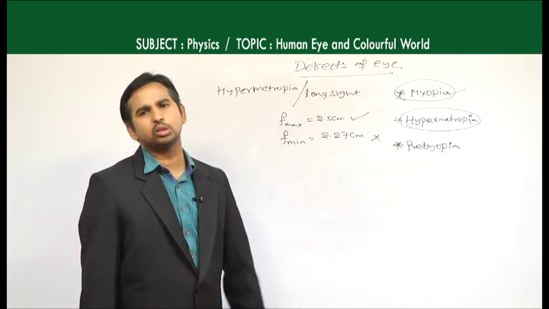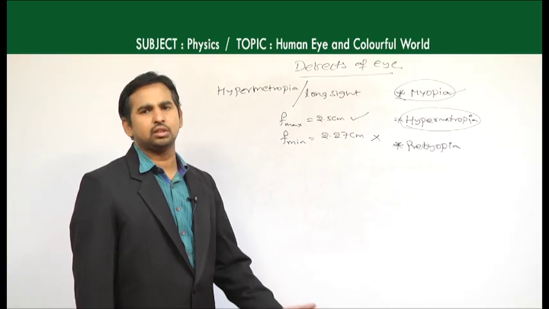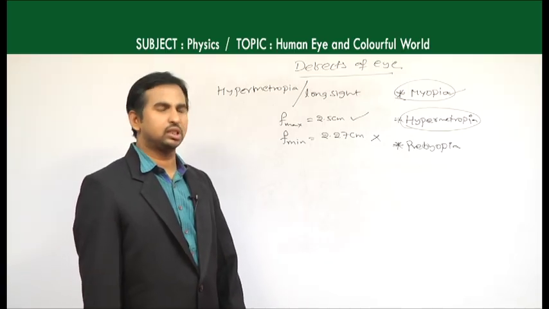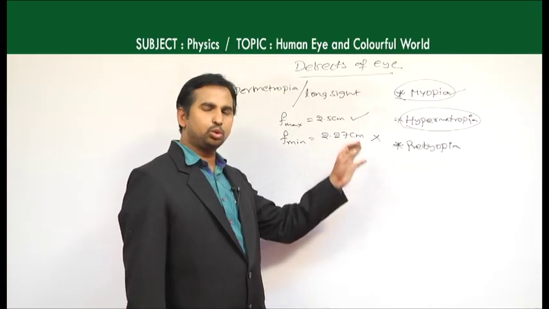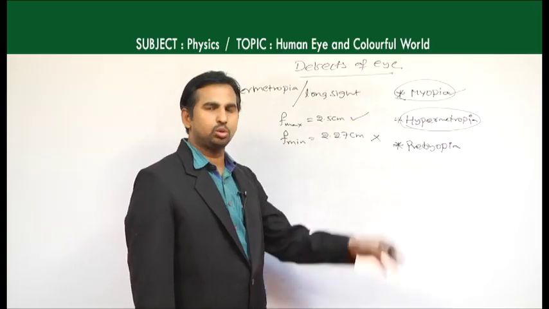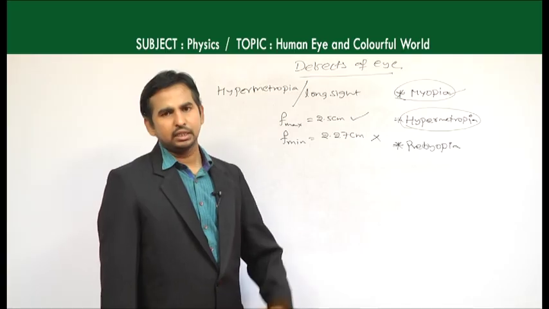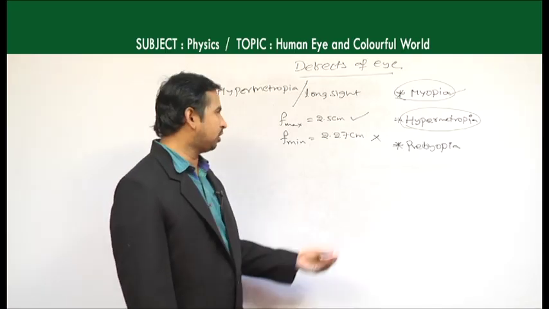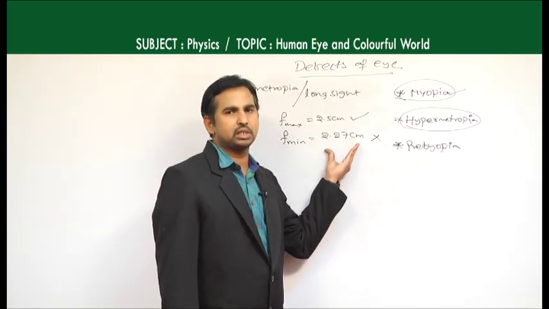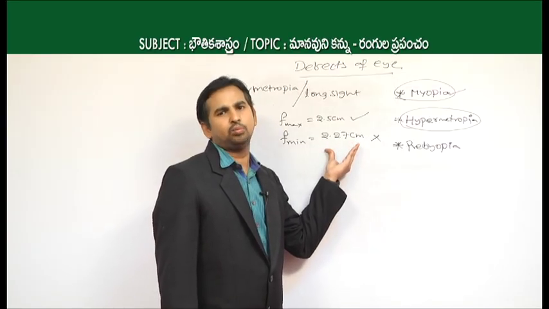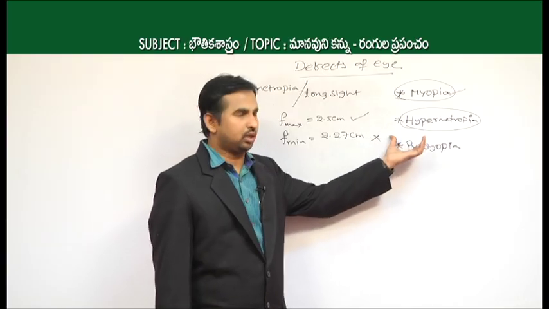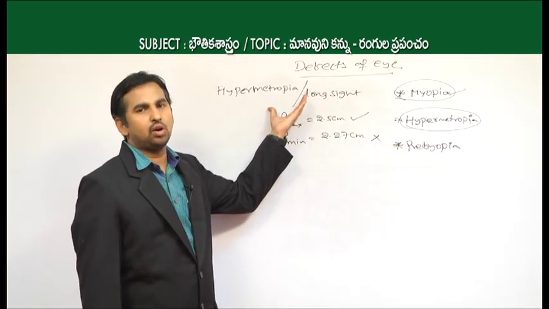The accommodation of our eye lens, which is the adjusting by the ciliary muscles to 2.5 centimeters or to 2.27 centimeters, is not working properly. That accommodation ability of the ciliary muscles to adjust to the minimum focal length of 2.27 centimeters is not present. So that is why we get this defect of hypermetropia, also called long-sightedness.